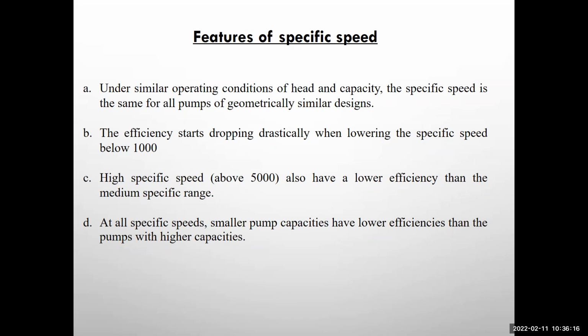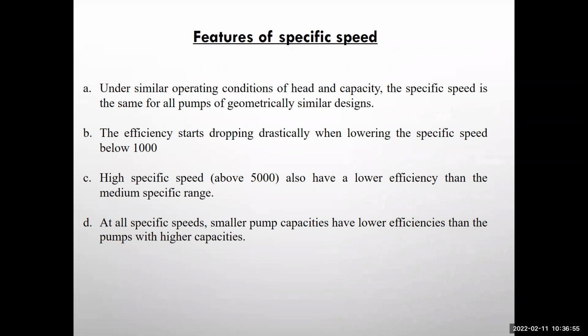Suppose you have two triangles and you are saying those are geometrically similar triangles. What does that mean? They have the same angles, and at the same time, they have some sort of ratio between the arms, right? The same thing here, in the geometrically similar design, instead of angle, they have the same specific speed, and instead of arm ratios, they have the ratio of diameters for different pumps, okay?